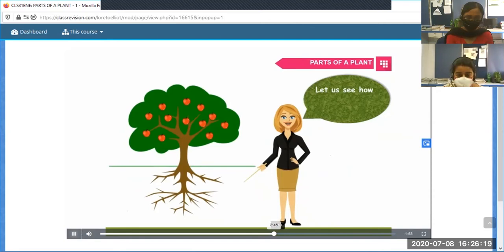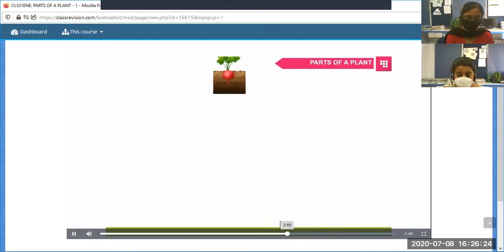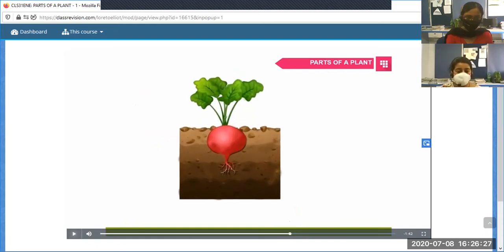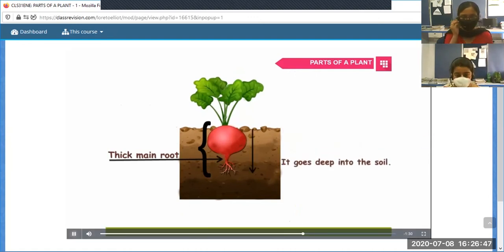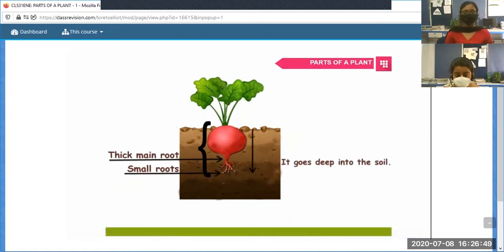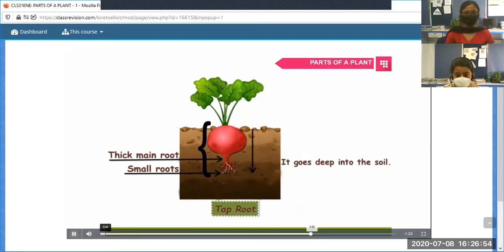Let us see how many types of roots are there. Observe the type of roots. What is this? A turnip. Right? Yes, ma'am. What kind of root does a turnip have? It has a taproot. This type of root has one thick main root that grows from the bottom end of the stem. It goes deep into the soil. Many small roots grow from the main root. This type of root is called taproot.